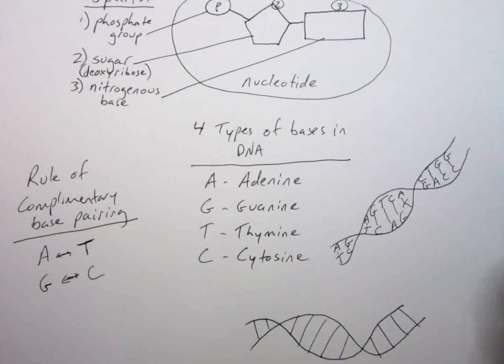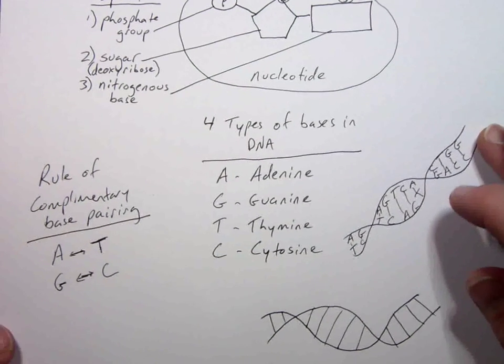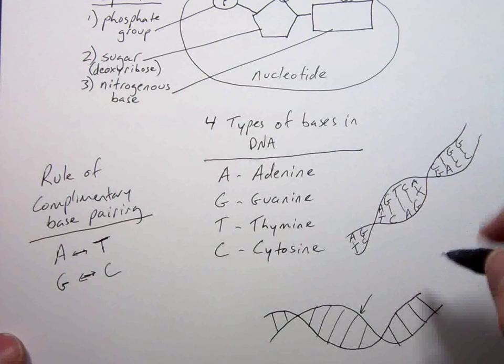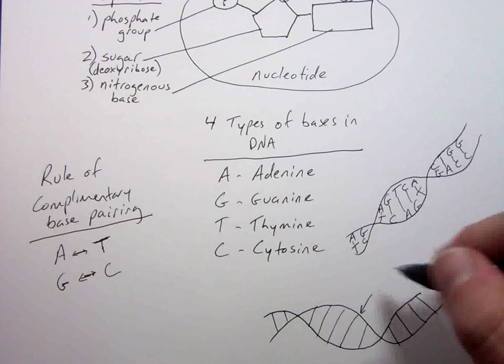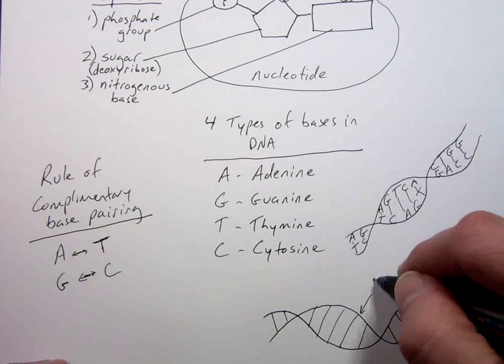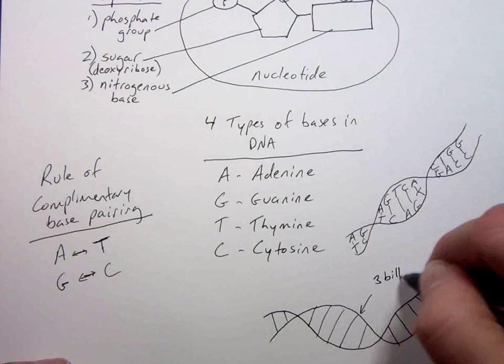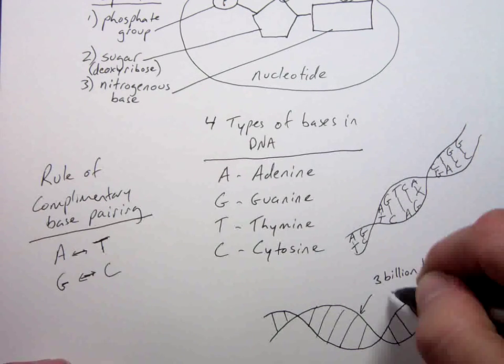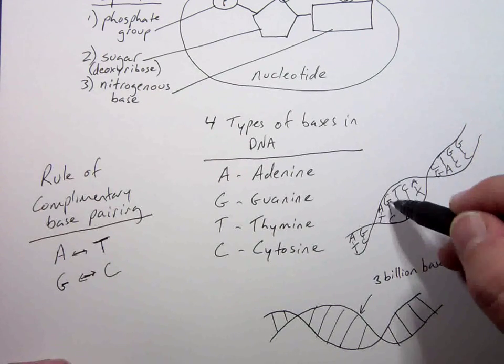Okay? Did I tell you, if these are the rungs of the ladder, how many rungs are in humans? Wait, you said like a billion, as many words as there are in the library. Yeah, that's right. So 3 billion. They're called base pairs. See how it's a base and another base and they come together?